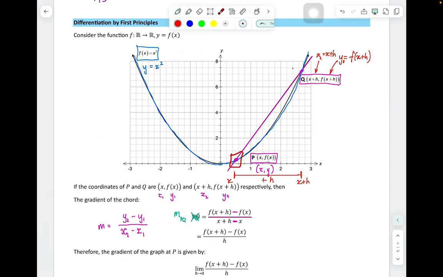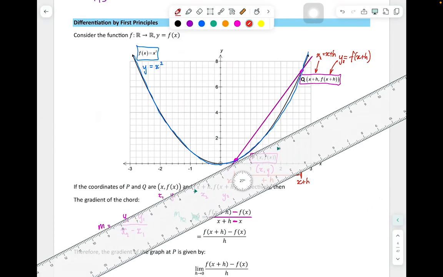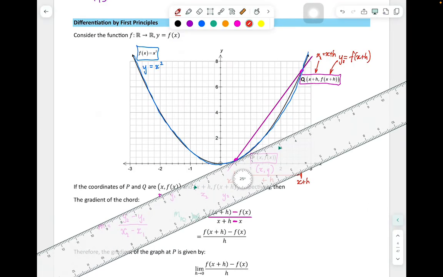The thing is, we see that these 2 points are very far apart from each other. If we want to get to a line closer to this, I will draw in a tangent line as best I can at this point P. Essentially, I just want that line touching just once.